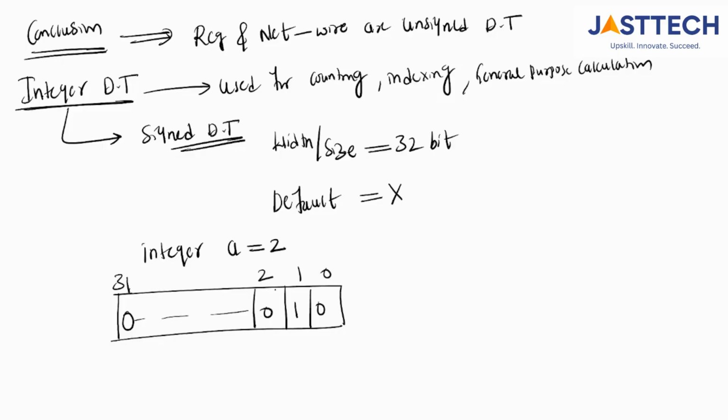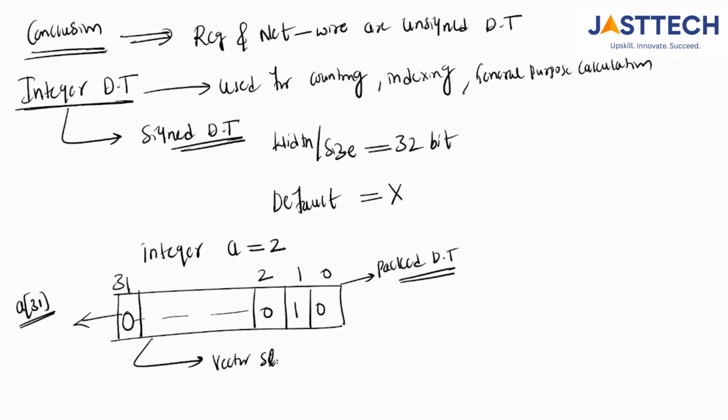Suppose you want to access a of 31, we can't access it. Why can't we access it? Because this is a packed data type. So what does that mean? Vector slicing is not possible. We cannot perform vector slicing in the integer data type.